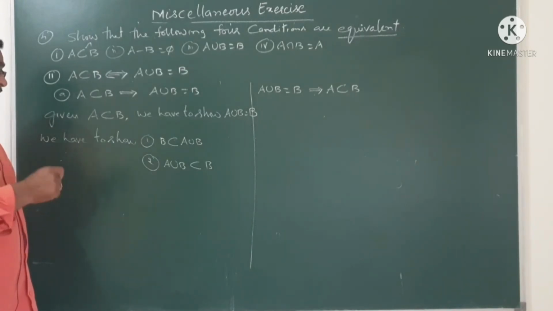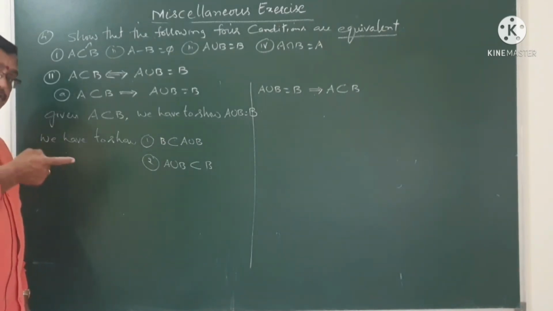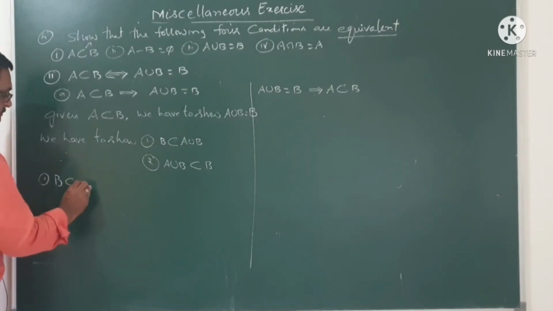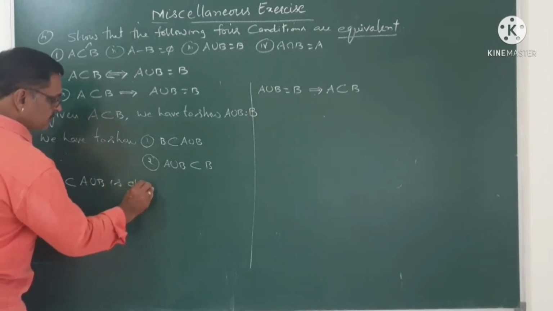Why? Because if you take A union B, A is a subset of A union B as well as B is also a subset of A union B. Therefore, B is a subset of A union B is obvious.